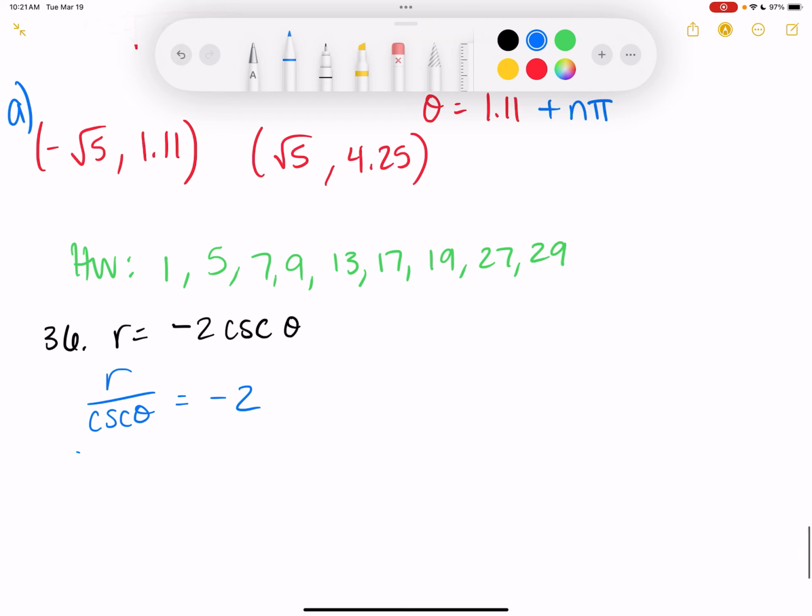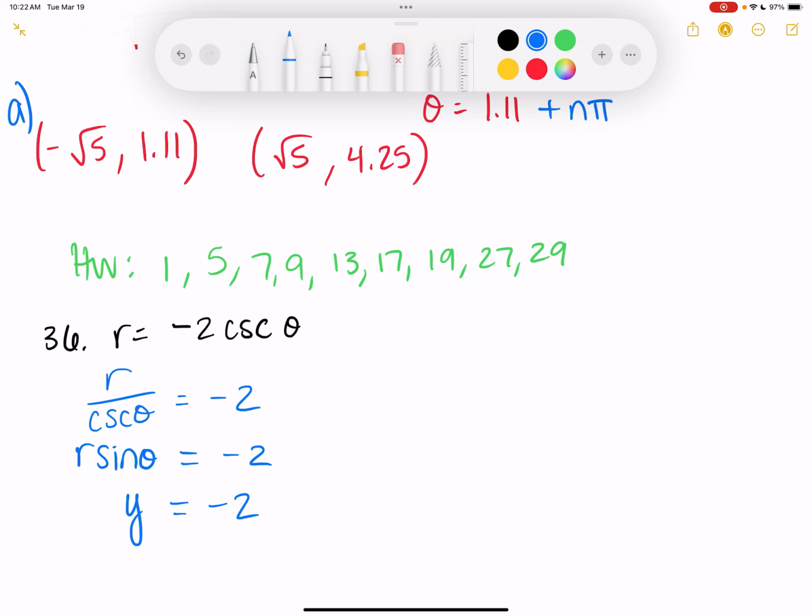Sine of theta. So r sine theta equals -2. Now the question is, what is r sine theta equal to? y. So I can replace that with y is equal to -2. And so that is my rectangular equation.